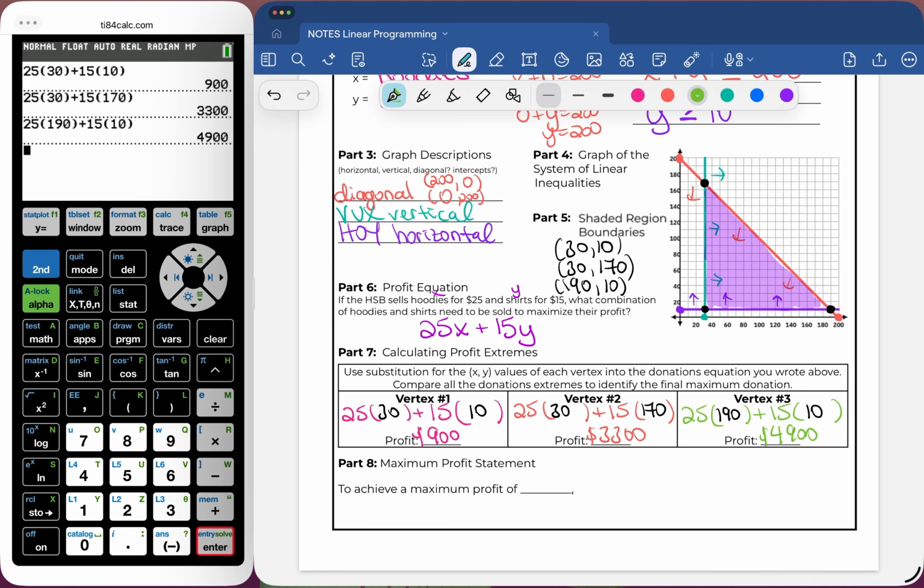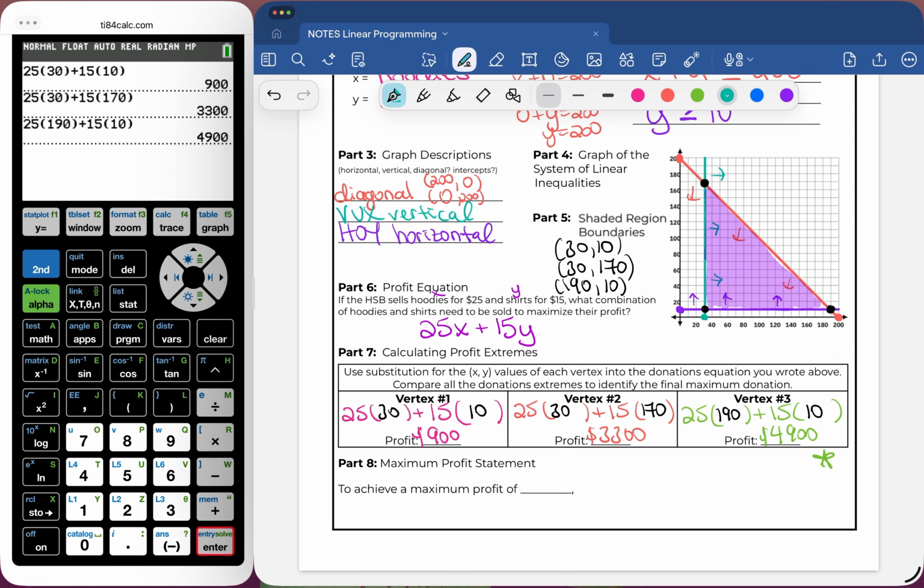So from there, we're going to compare and see which one is the actual true maximum profit. And so with those amounts, the best combination is going to be this one right here. It has the most money. So let's finish this thought out.